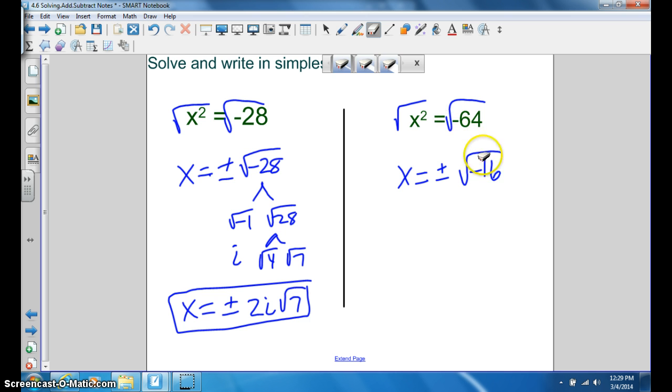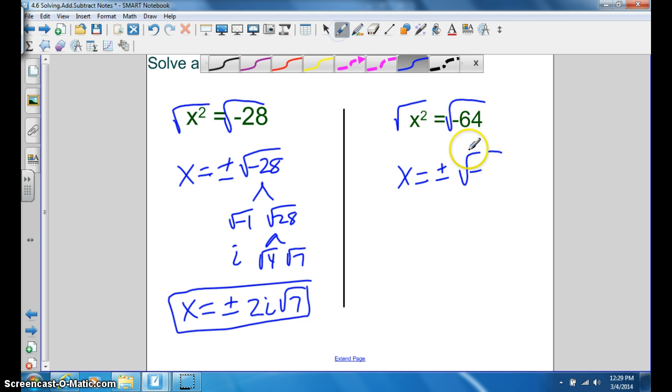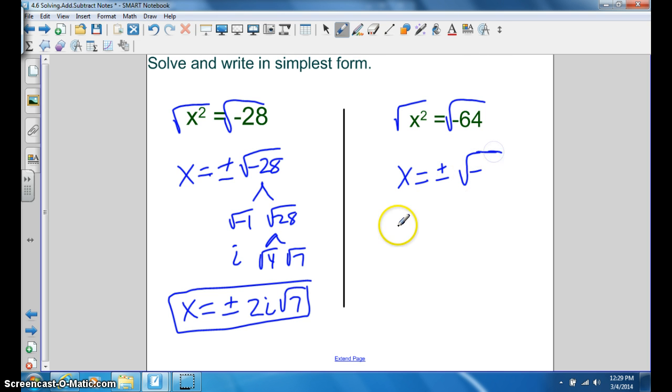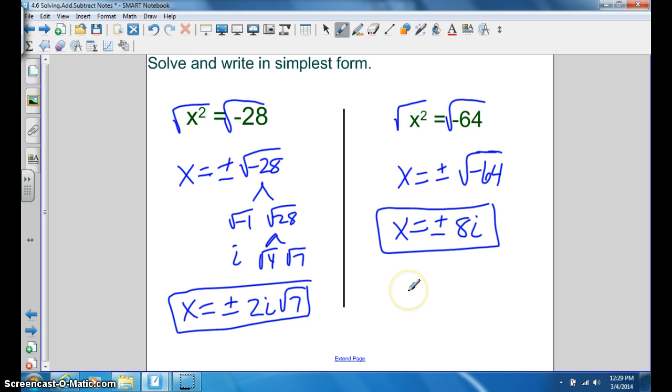The square root of 64 is 8, and we just have to add an i with it. So x equals plus or minus 8i. And we have our two answers because we have a plus sign and a minus sign.